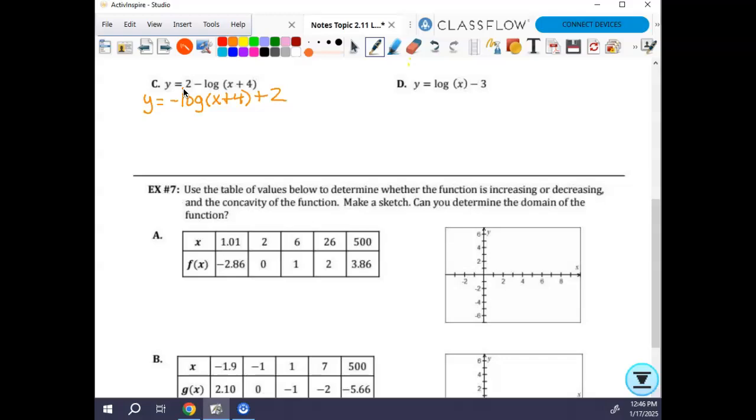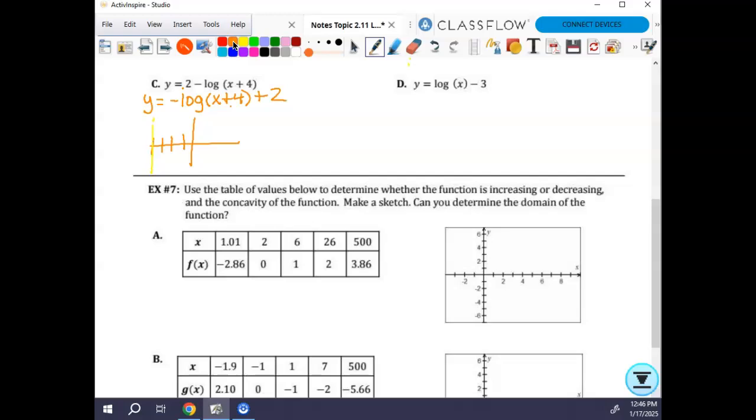So with all that said, then this 4, what does that 4 mean that I do? Left 4. So here's my asymptote, right? And then the negative means that I'm going to reflect in which axis? X, so it's going to go like this. The 2 means that I go up 2. Now, it will change my x-intercept, but nobody's asking me for it.